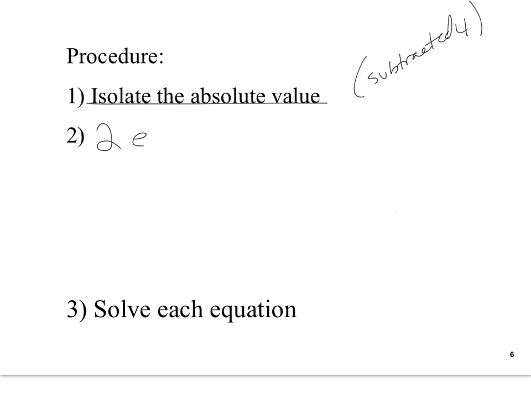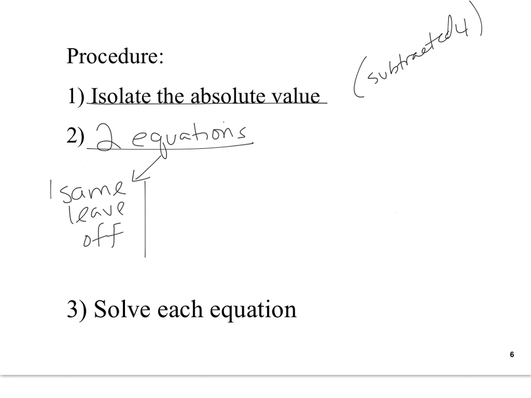Now after that, we have to create two equations. The first equation is the same, but leave off the absolute values. Get rid of those. We don't need those anymore.